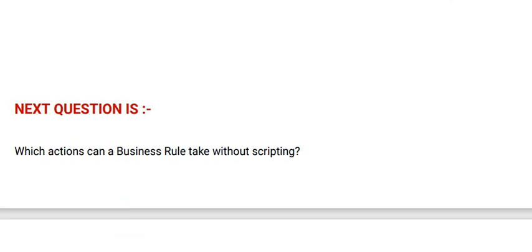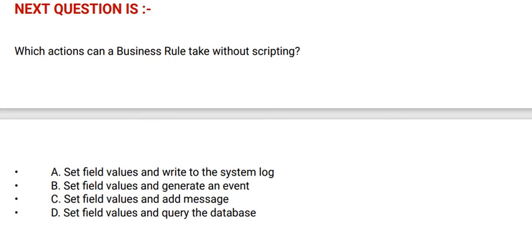Next question is, which actions can a business rule take without scripting? Option A, set field values and write to the system log. Option B, set field values and generate an event.